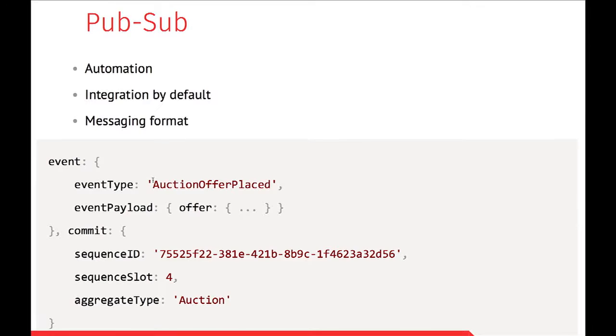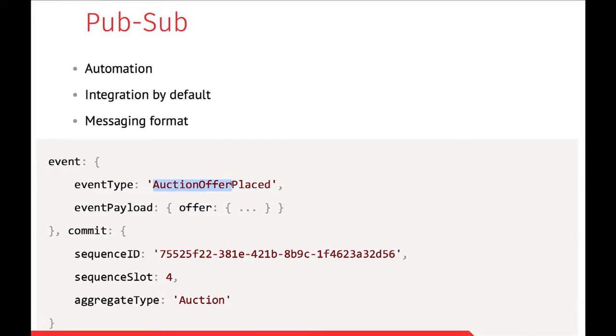And that's how you typically implement automation. So perhaps in the business process that notifies users that their auction has been opened, or someone placed an offer that beats their own. And the way that you do it is via events. Since you can just tail the event log and listen to changes in close to real time, you can implement many different business processes based on the information received.